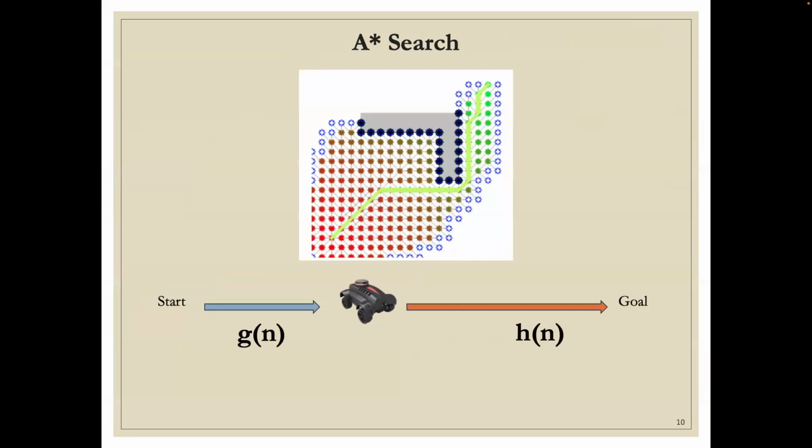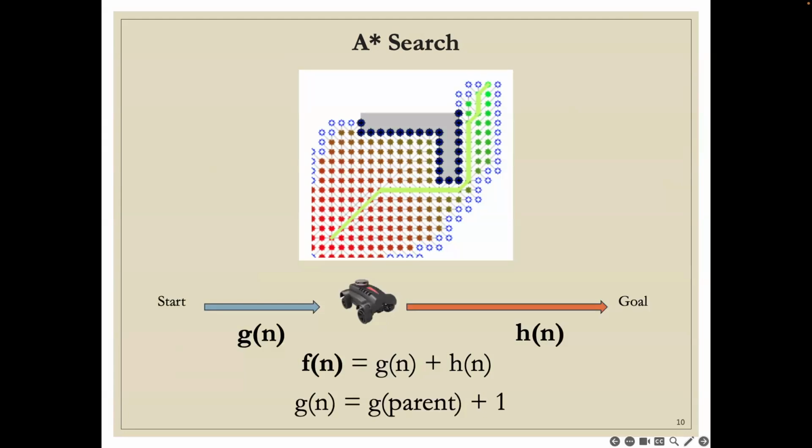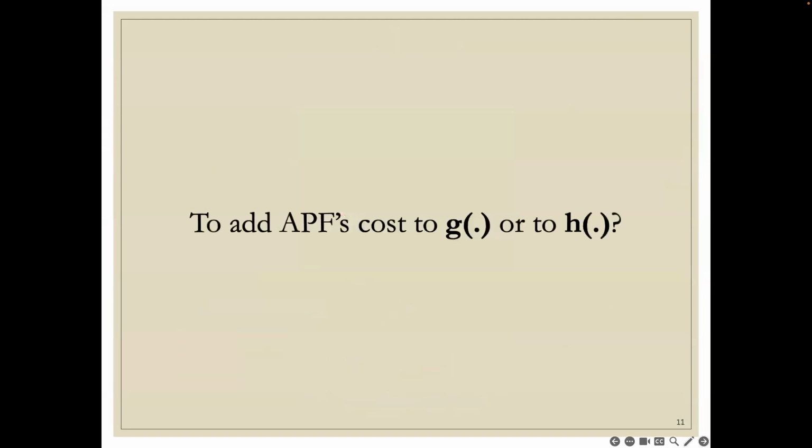The G value is the cost of the parent node plus the cost of moving to the current node, mostly one. The H value is an approximate cost for the future. And F is the sum of the two.